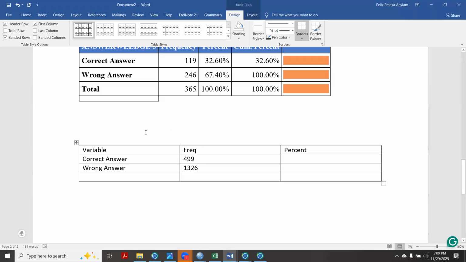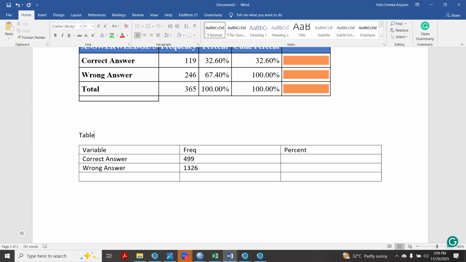So your table now, let's say this is table 1 on knowledge, so you will have to put the total here, which is 499 plus 1326. That is 1825.